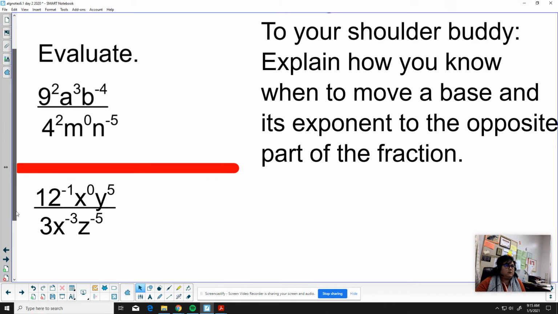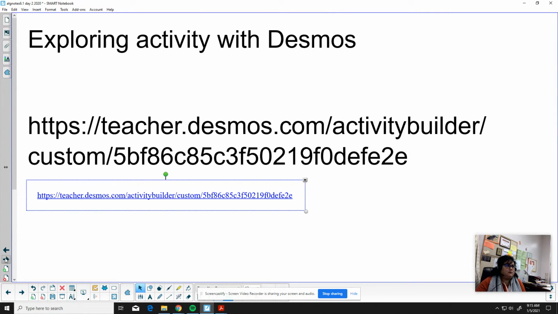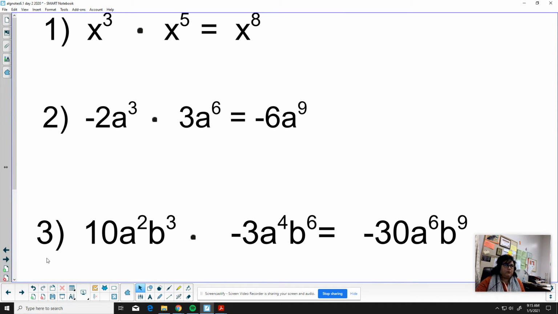I'm going to skip these and go here, so I can prove that these are correct. When powers have the same base, you could write them out: x, x, x, and x, x, x, x, x.